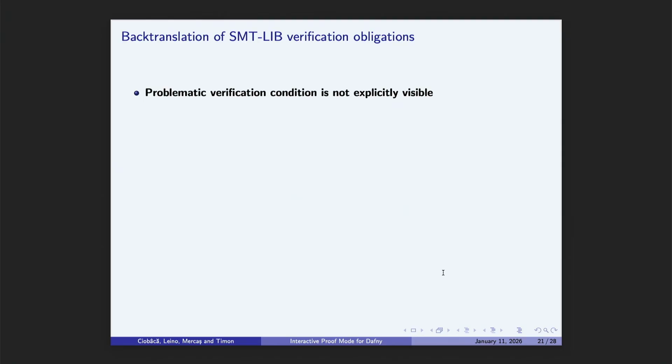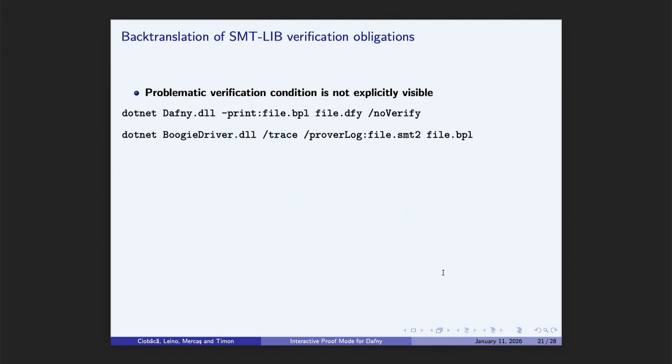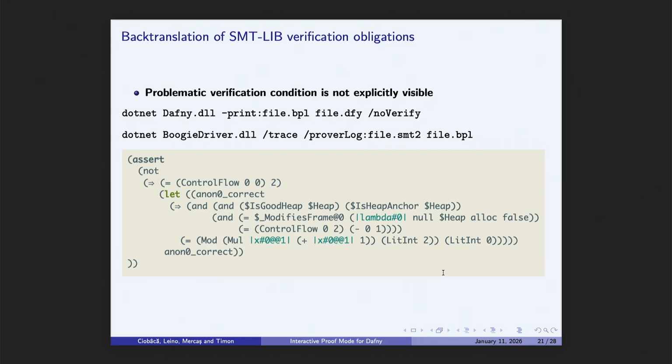This is not exactly true, because you can have Dafny' output the SMT-lib file, so the verification condition that goes to the Z3 solver, by having it create the Boogie file, and then from Boogie you can generate the SMT-lib file using these two commands. And then the verification condition is visible, but it's not readable.